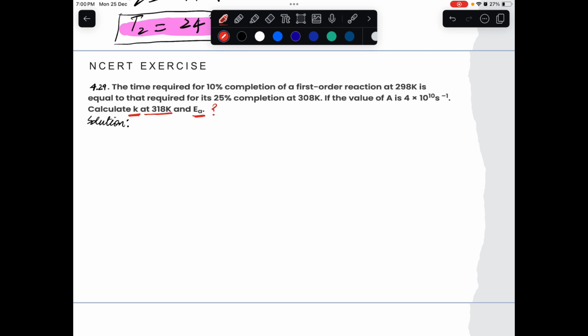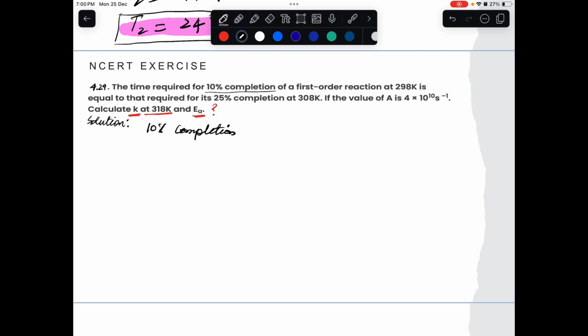So in this question, what do we have in the very first line? 10% completion. What is the meaning of 10% completion? It is a first order reaction.